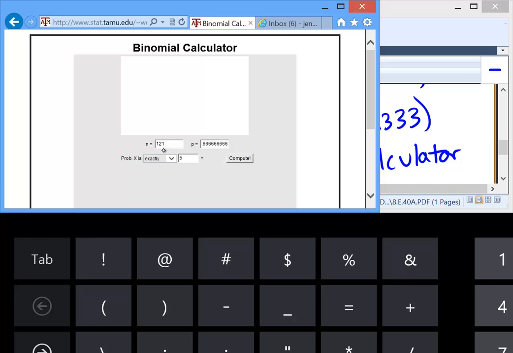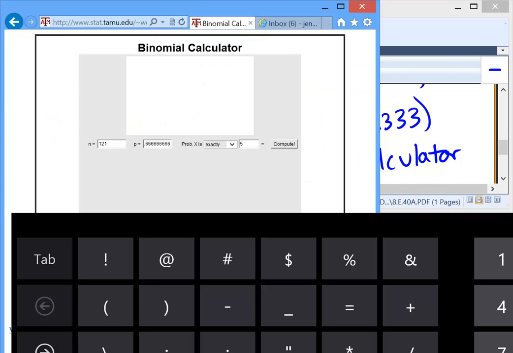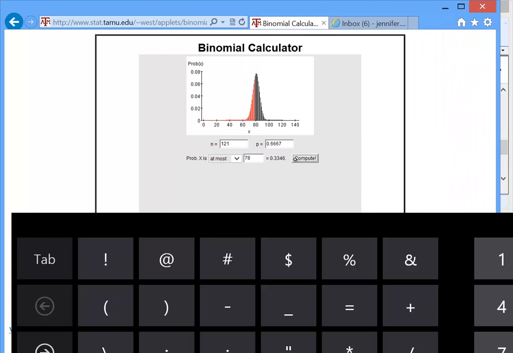Let's see, so if I want to find the probability that x is less than or equal to 78, then I need the probability that x is, that would be at most, another way to say that x is less than or equal to 78. So at most 78. Compute. Notice it shades it for me nicely. And our probability is 0.3346.